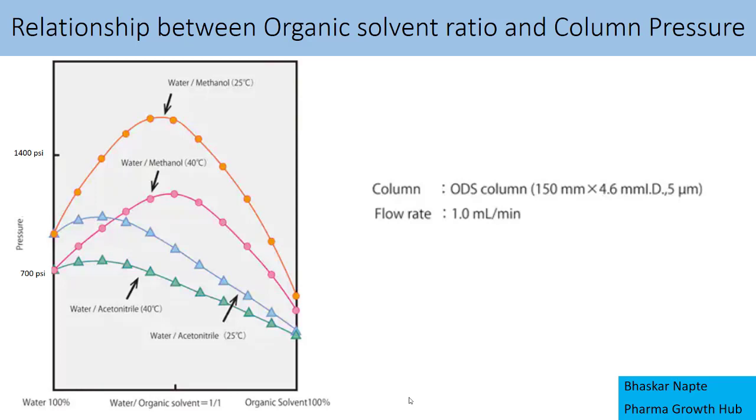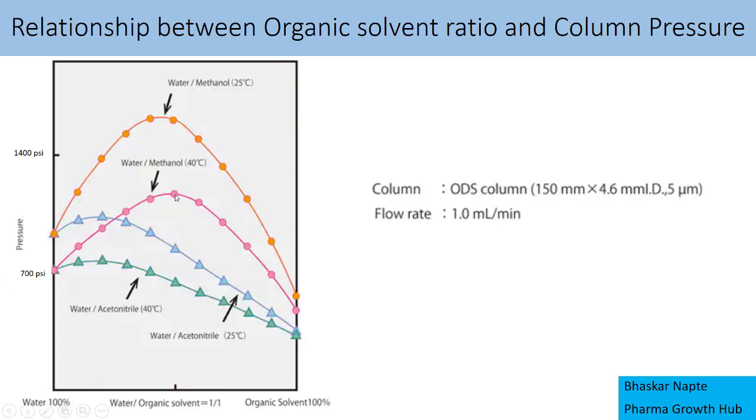The column used during this experiment is the ODS 150 mm, 4.6 mm ID, 5 micrometer diameter, and the flow rate is 1 ml per minute. If you look at the water ACN ratio and their pressure, you will find that the back pressure is much lower with the mixture containing ACN.